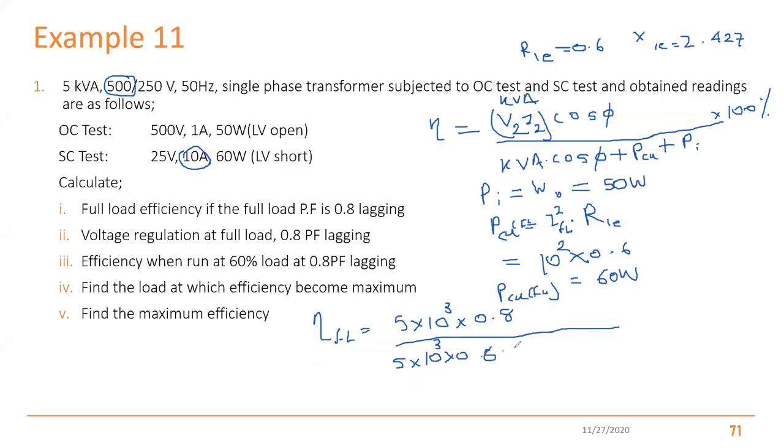The copper loss is 60 and the iron loss is 50. So I can calculate the efficiency at full load. The efficiency is 97.32. That is the full load efficiency.